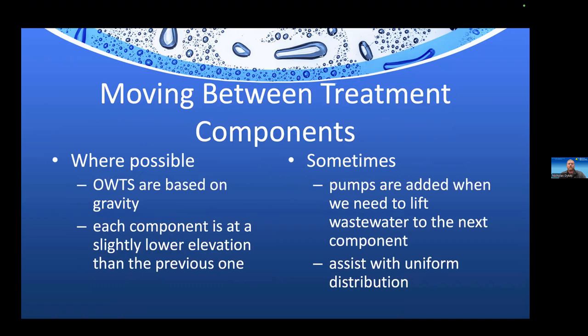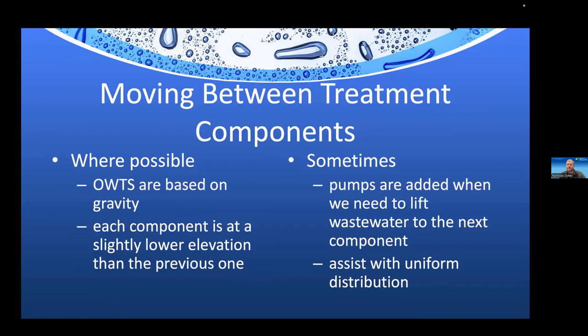So while we are moving between our treatment components, if it is at all possible, a good installer and a good engineer will generally choose gravity. And each component in that system will be at a slightly lower elevation than the previous one.